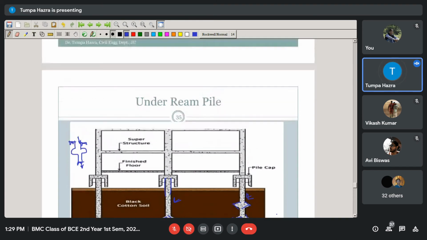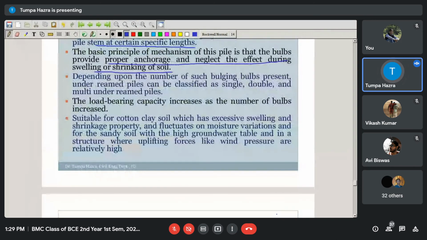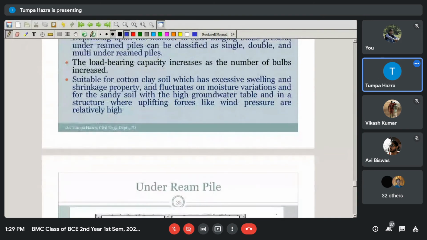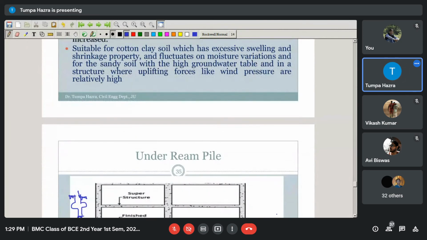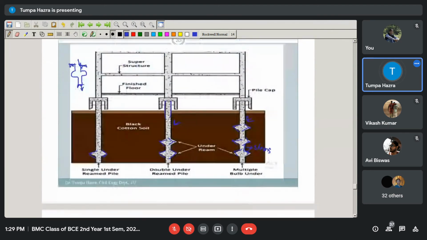And where are this type of piles used? The piles are used for expansive soil, which has a large swelling or shrinkage effect.